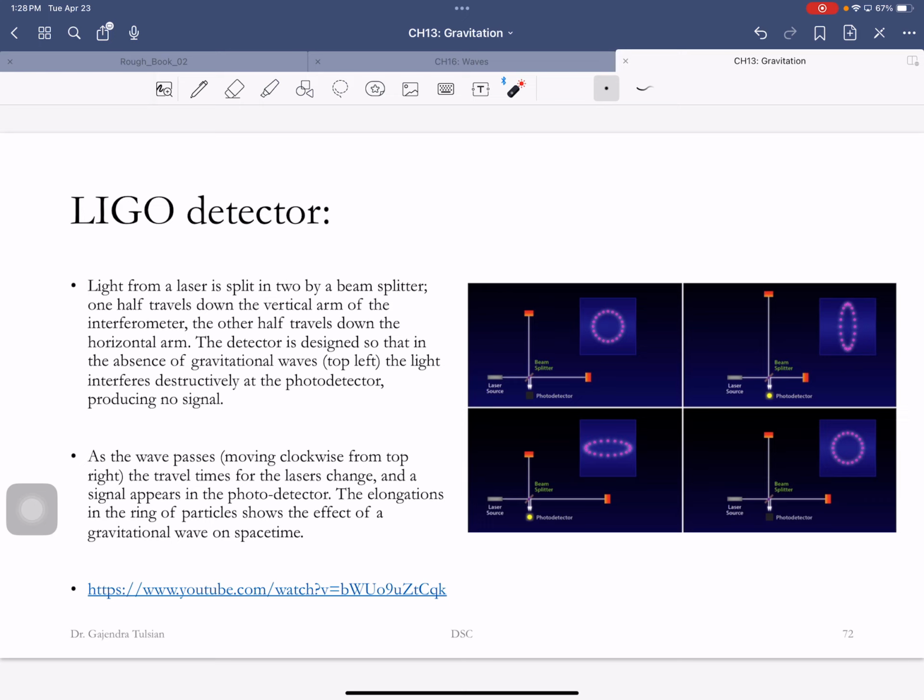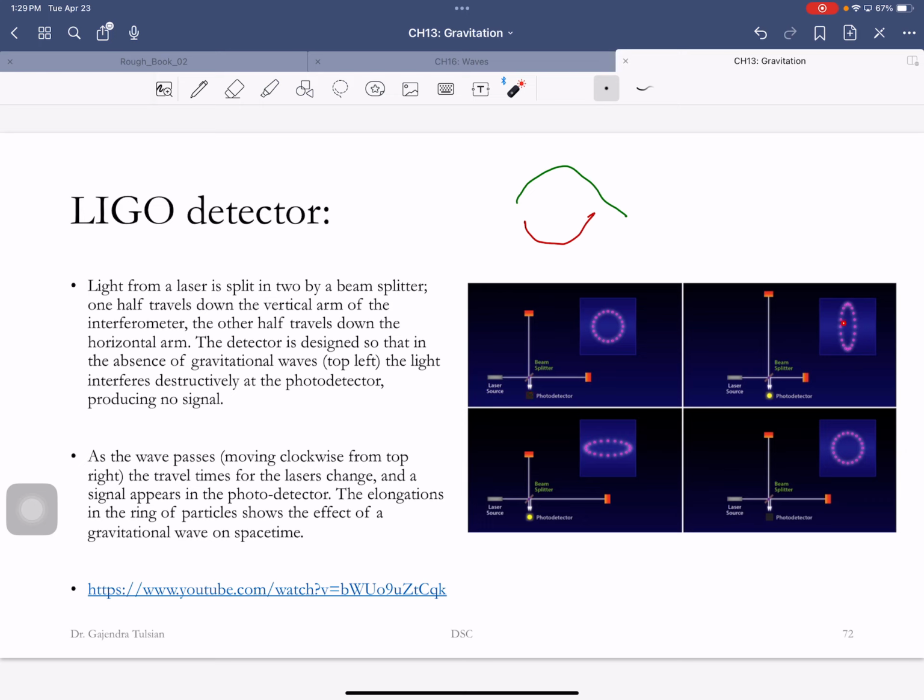When they reach the detector, one beam is reaching like that, the other beam is reaching like this, and they're canceling each other. So if no gravitational wave passes by, this is completely dark.